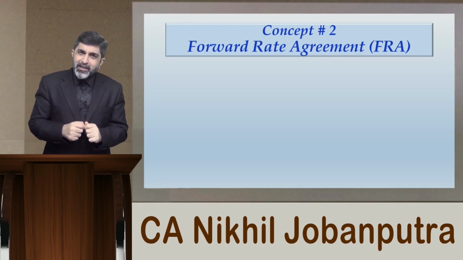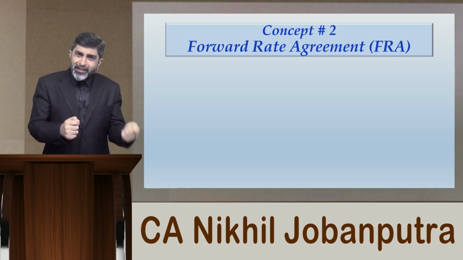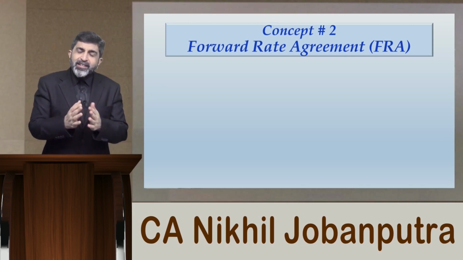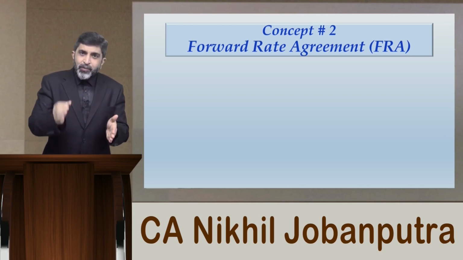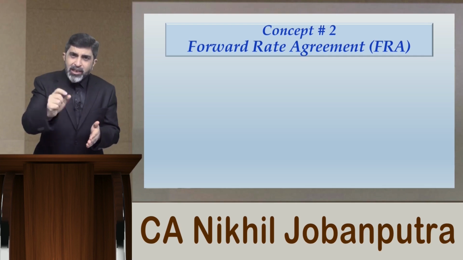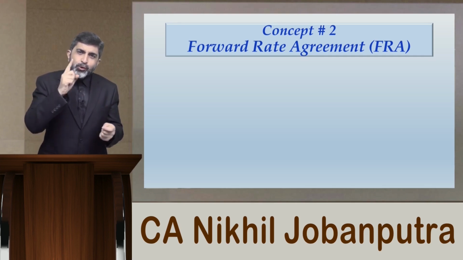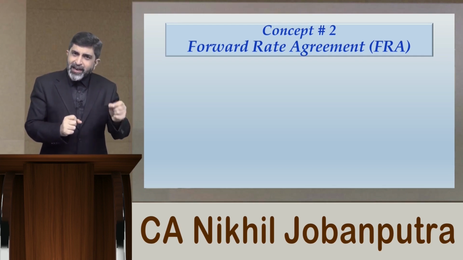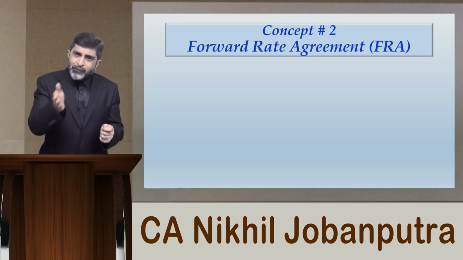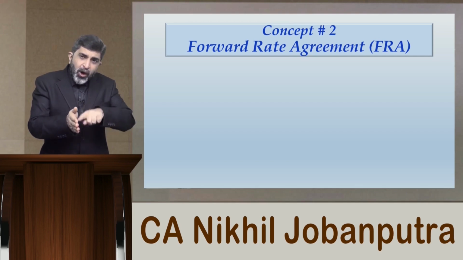So some people tell me that, sir, why don't we call it 6/3 FRA, that I'll borrow after 6 months for a period of 3 months. That is not how it is styled. The style of mentioning a forward agreement, if it is written as 6/9 FRA, how should you interpret that? 6/9 FRA means I will borrow after 6 months for a period of 3 months.